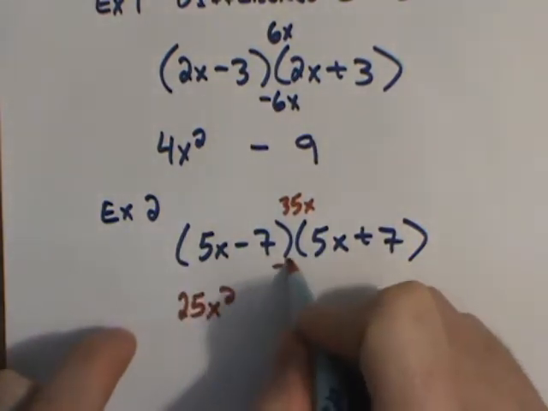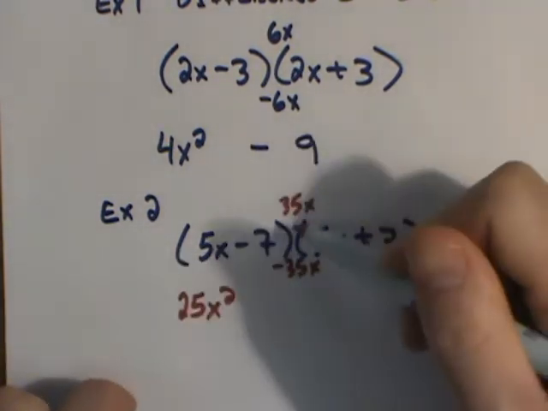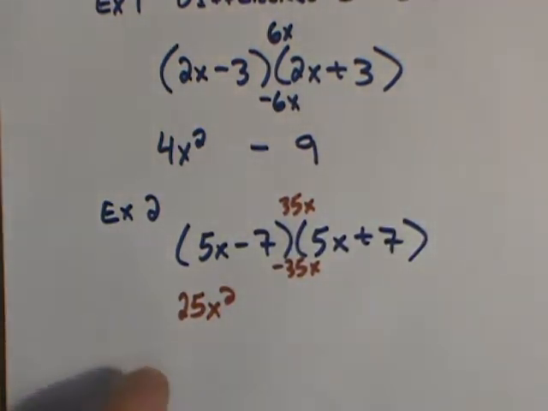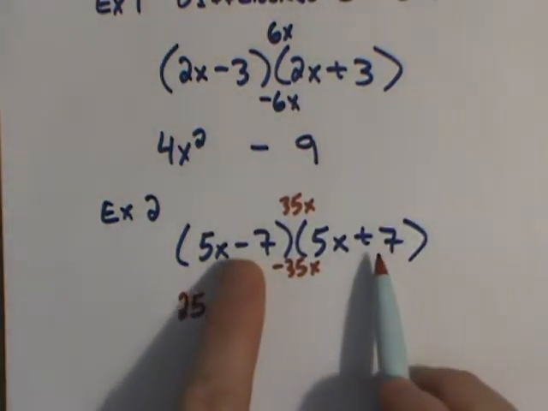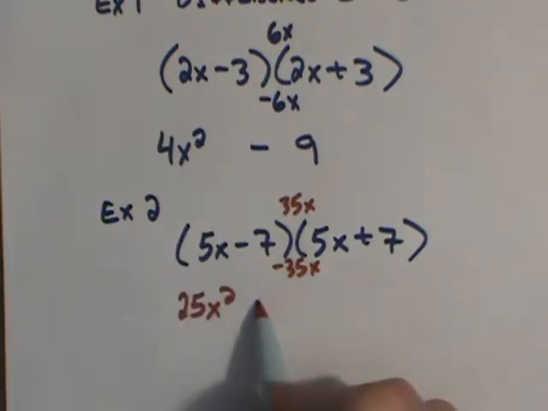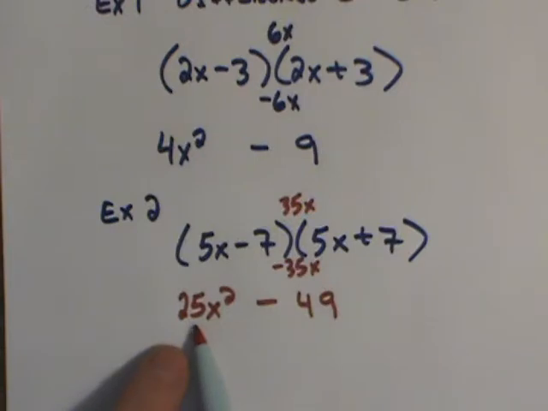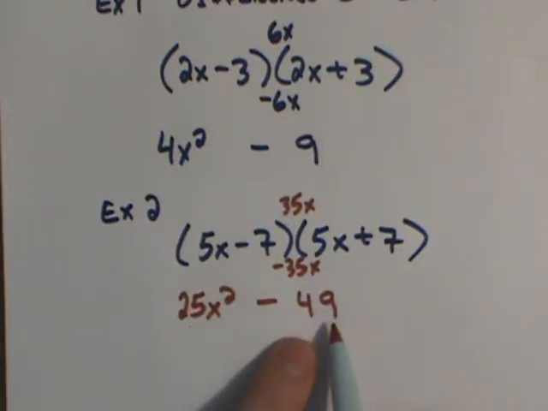Inner would be negative 35x. The middle term gets negated. It drops out because they're equal but opposite in value. And then last with last would be negative 7 times positive 7, which is negative 49. Again, the name is called difference of two squares, difference of squares, because this is a square value, this is a square value, and there's a minus in between them.